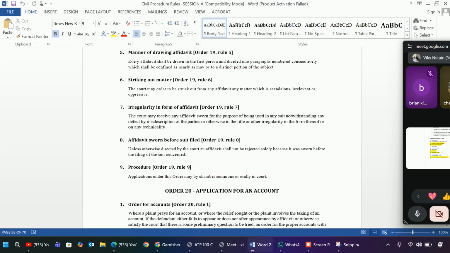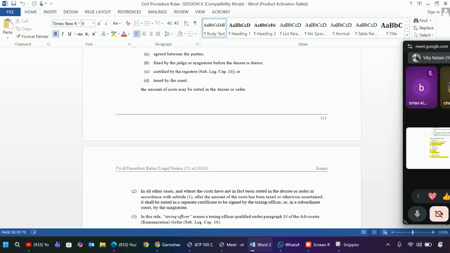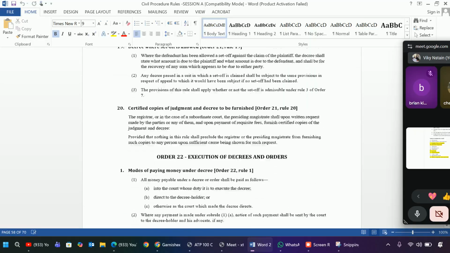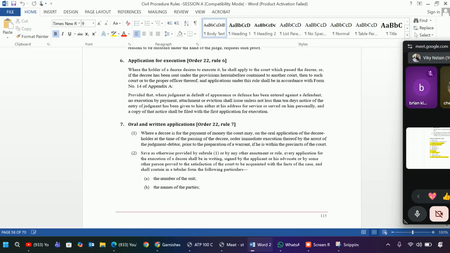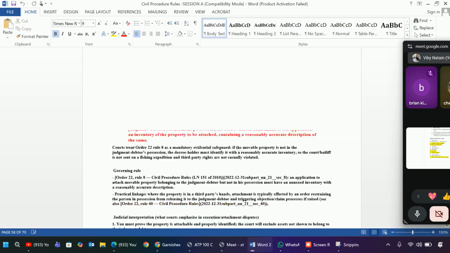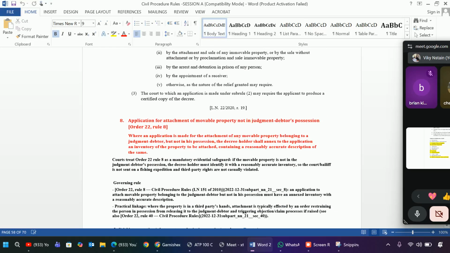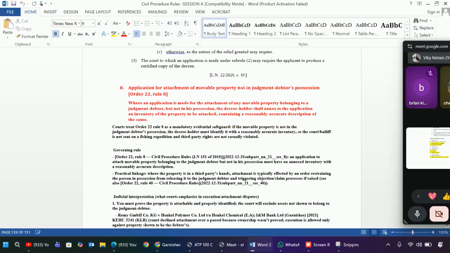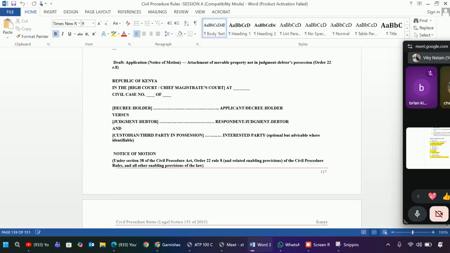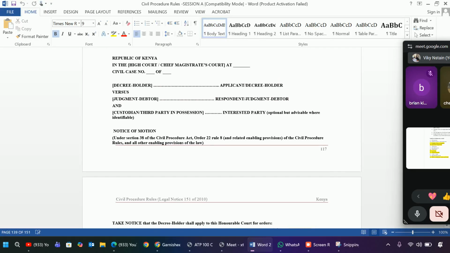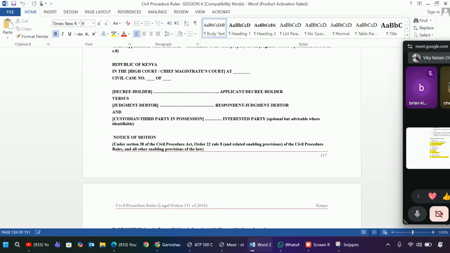Almost order 23. Did I analyze garnishee proceedings? Order 23. This is order 22. Analyzed. I've drafted the notice of motion.